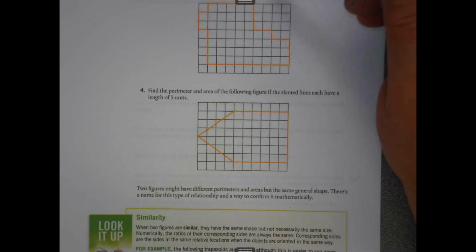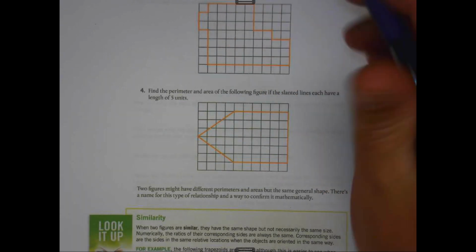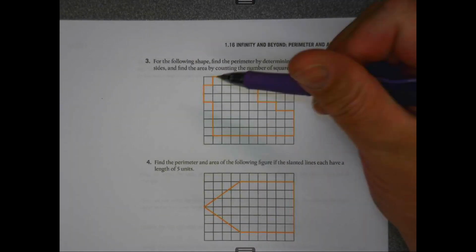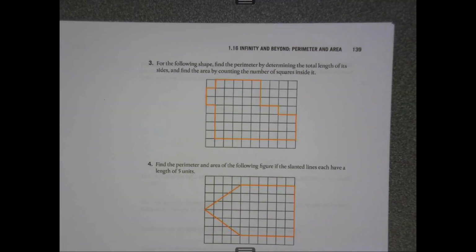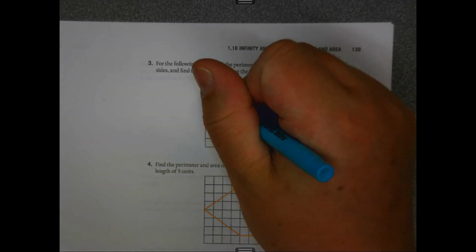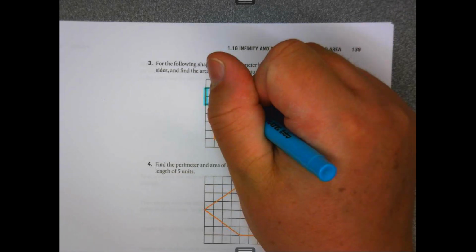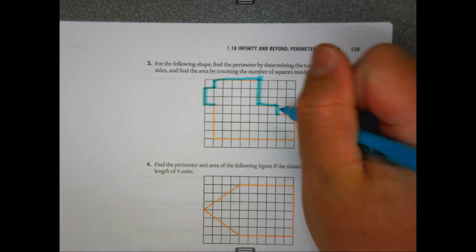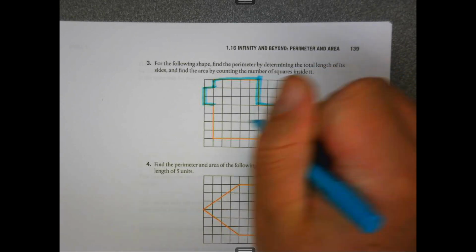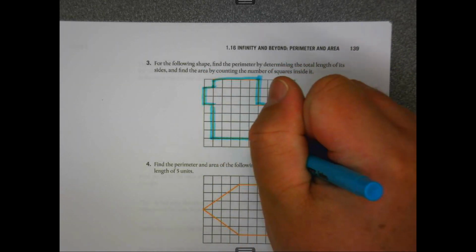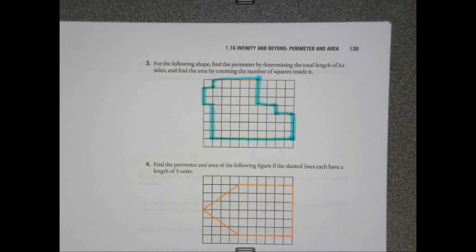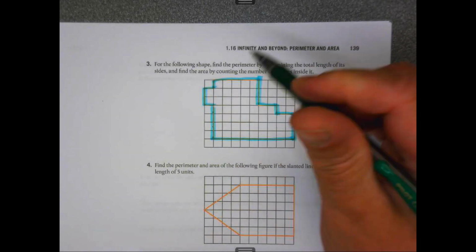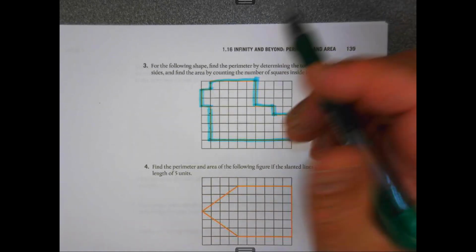The perimeter of, I don't know if you can see this too well, the perimeter here of this odd shape polygon, well, what you have to do is just follow the definition, add up all the sides. And this is on a grid, just like a Cartesian grid or a graph.